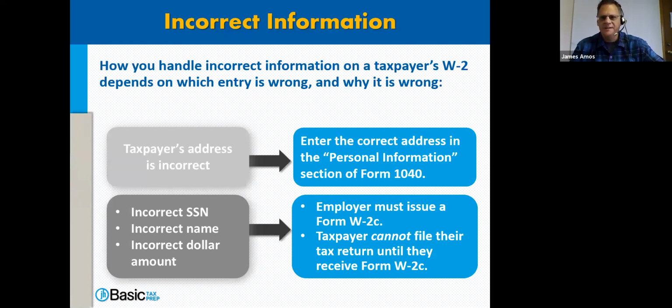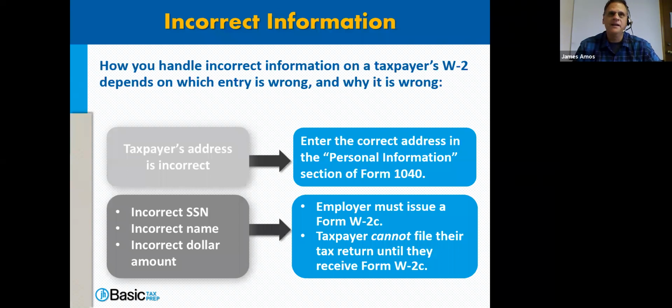That's unfortunate when that happens, but the reason is if you have an incorrect Social Security number on there, the wrong person might be getting credit for some of the taxes paid, for example. Obviously, if the dollar amount is wrong, I actually had this happen once. Somebody came in and they were showing, I don't remember the exact amounts, something like $320,000 of income. And I was doing the return and I thought, well, great, this person's doing well this year.